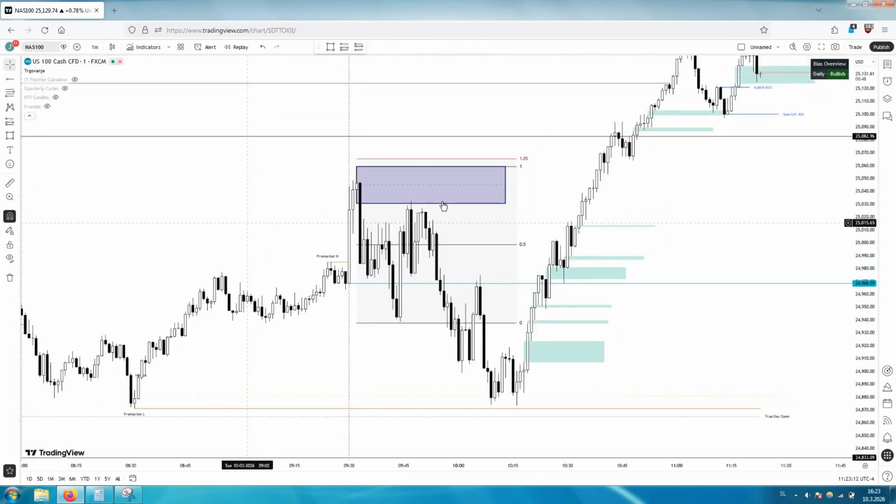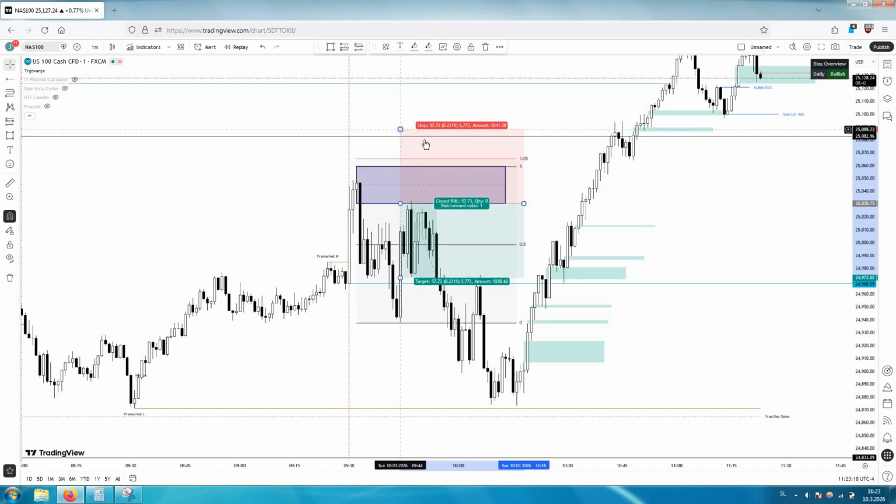So what I could have done in that case, you can see that I could then put my order over here. I would put comfortably stop loss the way that it is. I think this is completely fine. And I would target first 1 to 1 risk reward ratio. You can see it would get hit. Then I would target 2 risk reward and I would move my stop loss to break even more or less.